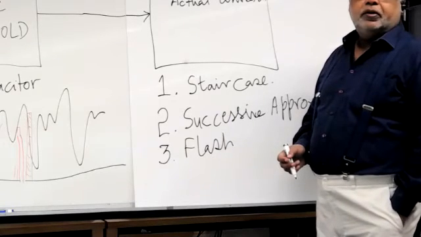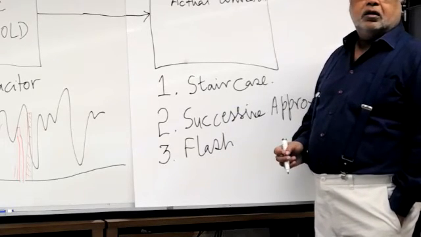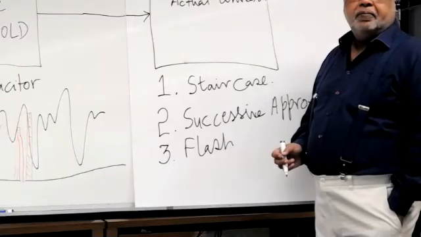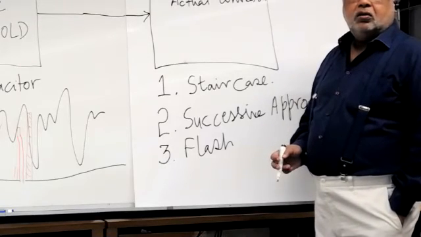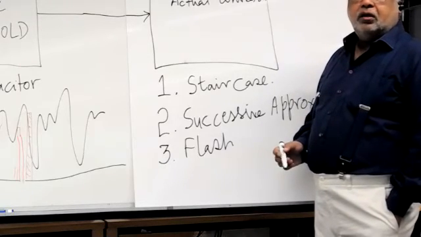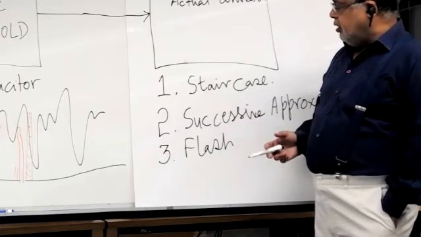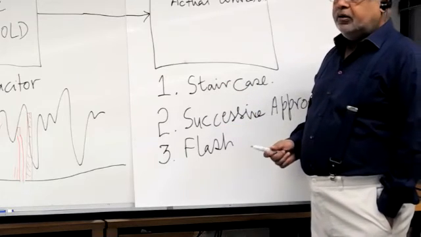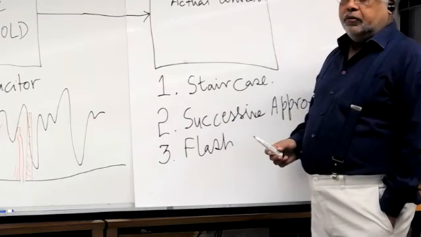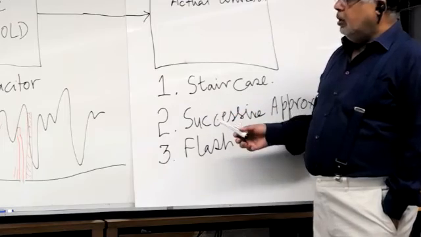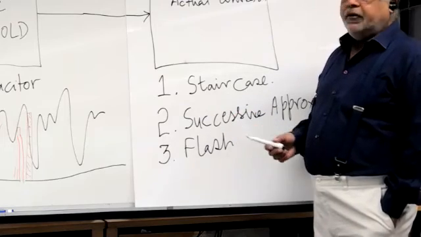It's not possible to make this. So let's keep it here today. I will talk about these three ADCs in the next lecture, that is on Tuesday. So today's lecture is enough here.